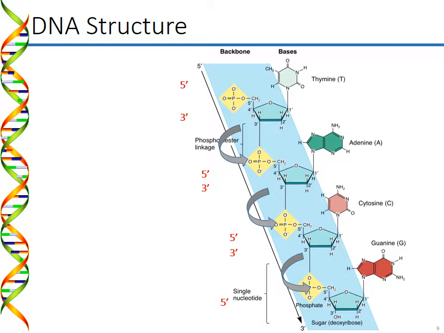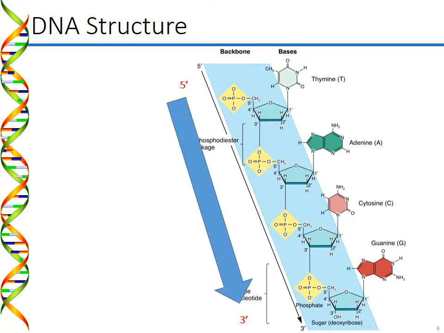And so you can see here that the 5' and 3' top and bottom of the nucleotide stays constant, and so what we have is essentially an overall direction of 5' to 3', as in the top and the bottom of the particular DNA strand. And typically when we write DNA sequence, you see them listed as 5' to 3', and that's where this comes from.